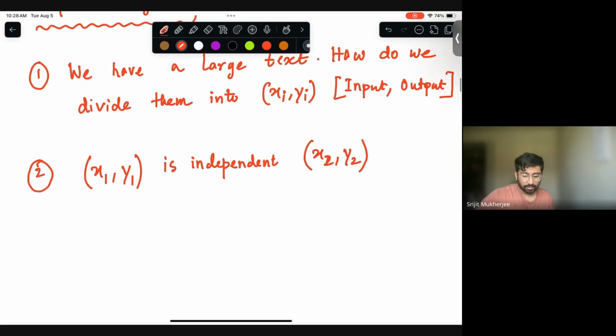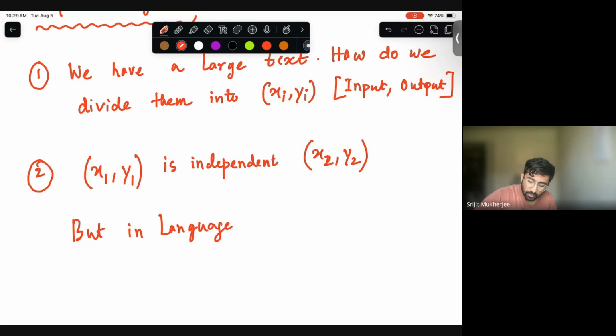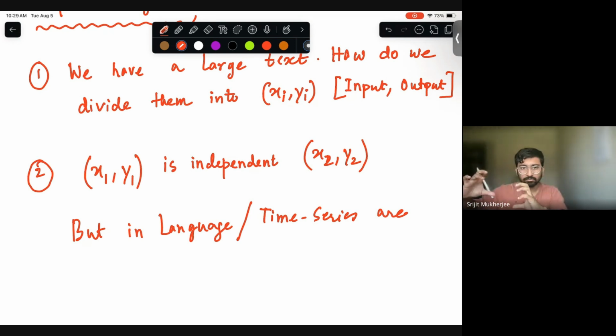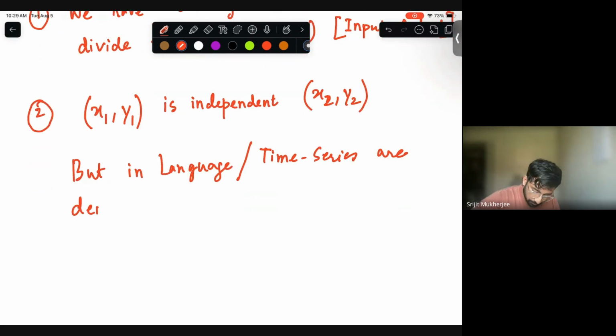But in language or stock or time series, which is dependent on time, samples are not independent. Let's say I speak something. Now, "I speak" is dependent on "speak something". So these are dependent on each other. This is a very important distinction, okay?